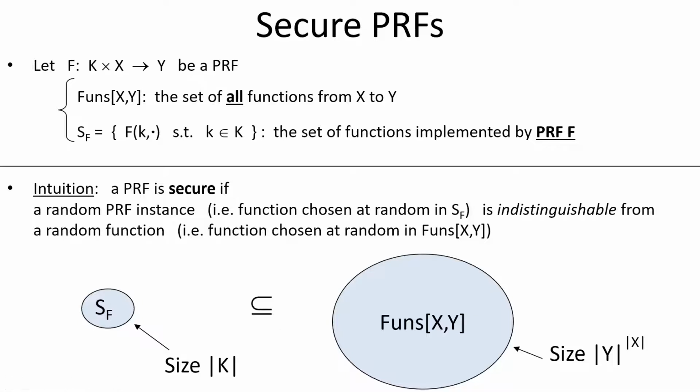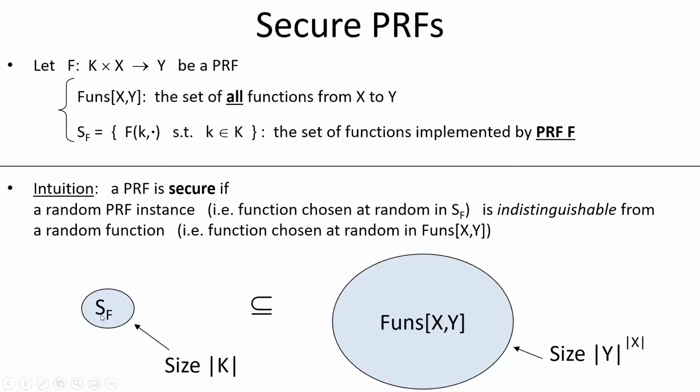Now, what about security? The intuition is this. In a security argument, you will be given access to a box which picks a key and which implements either of the two types of functions and chooses the function from this set and this set at random.